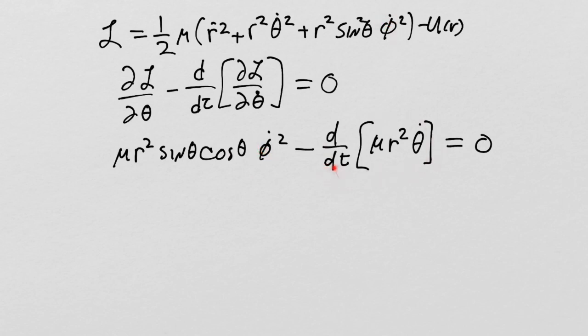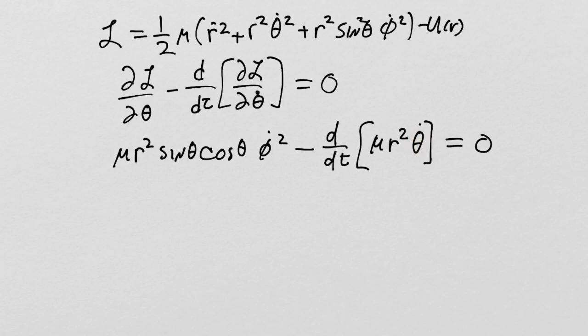And then you have the full derivative with respect to time of the partial derivative of the Lagrangian with respect to the generalized velocity of the polar angle, which exists in this term. So that becomes, the 2's cancel, and you get mu r squared theta dot. So this derivative we have to take. But this is a full-time derivative, and r is a function of time, and theta dot is a function of time.